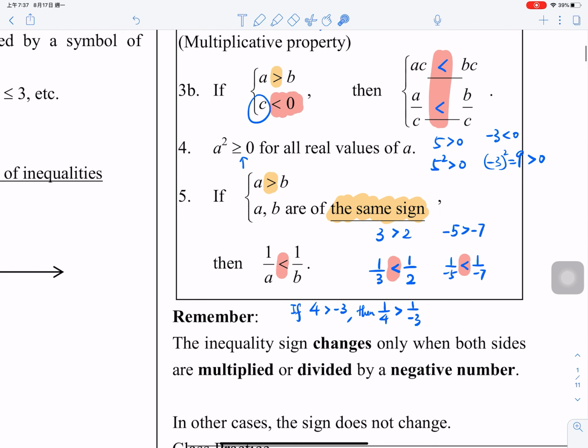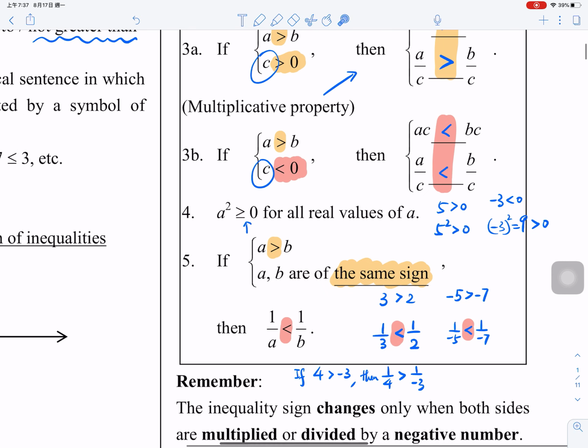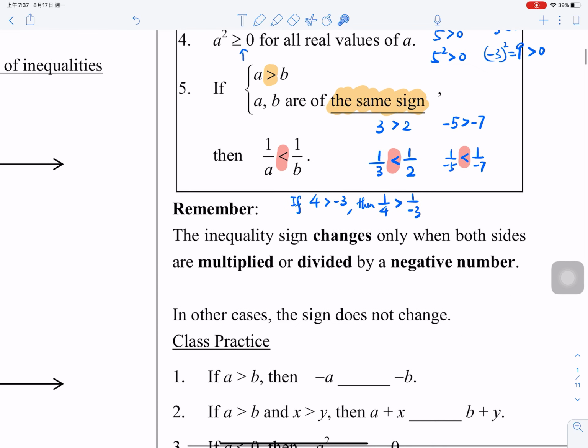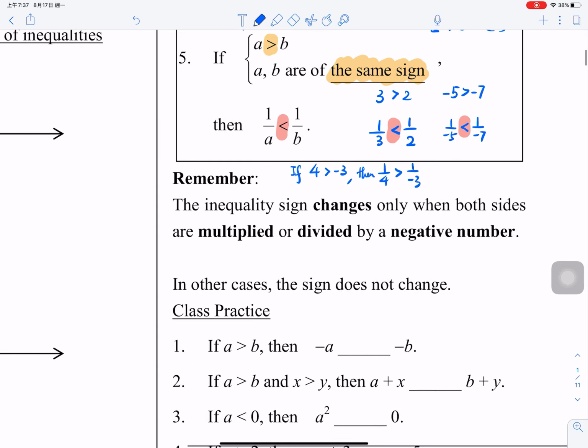Understand? Remember, the inequality sign changes only when both sides are multiplied or divided by a negative number. It changed because of multiplying by a negative value. In other cases, the sign does not change.